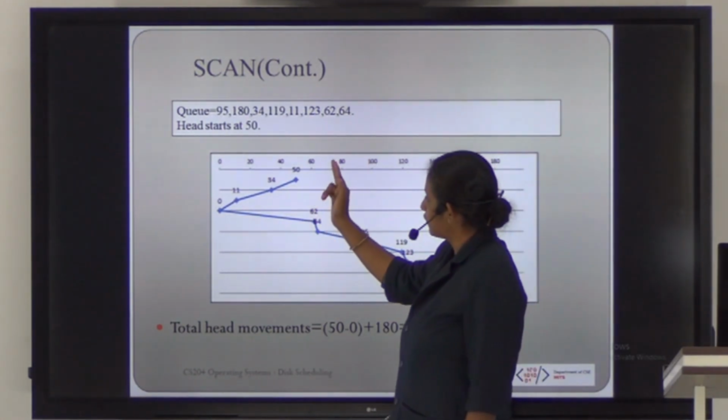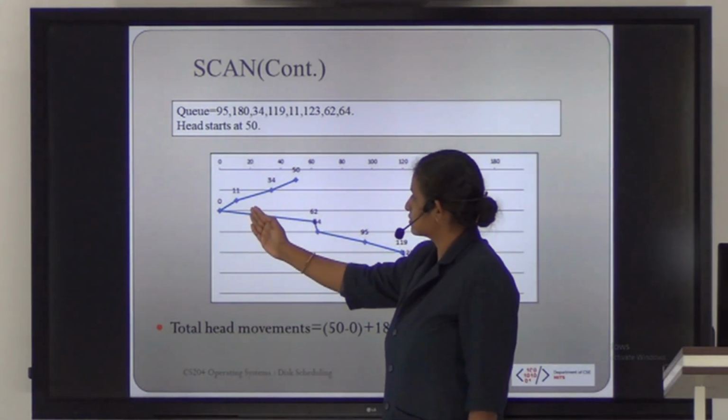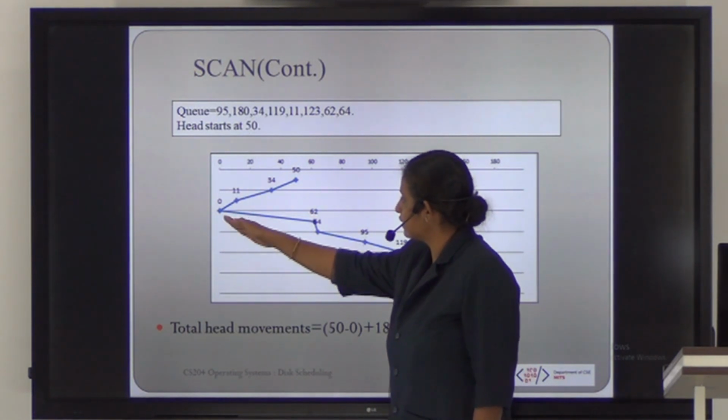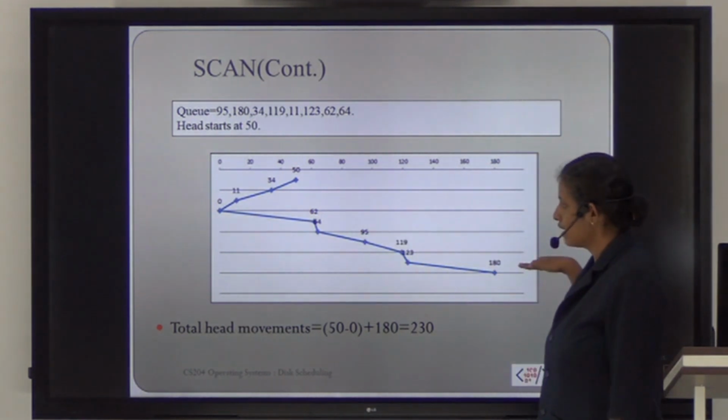So we start at 50, then 34 is serviced, then 11 is serviced, then it reaches this end. After reaching this end, it reverses its arm direction and services the other requests.